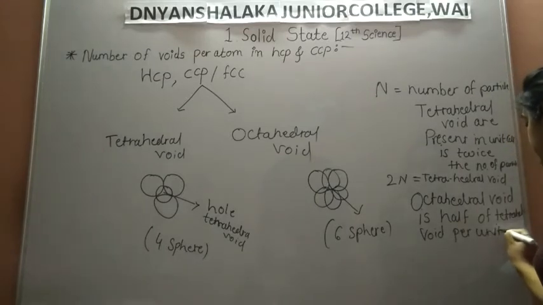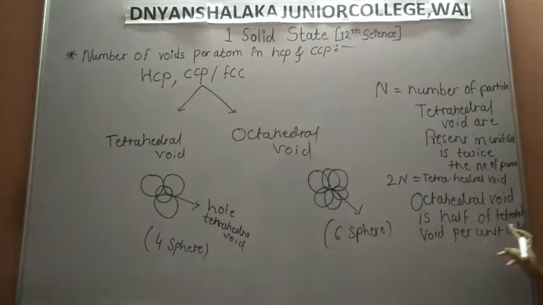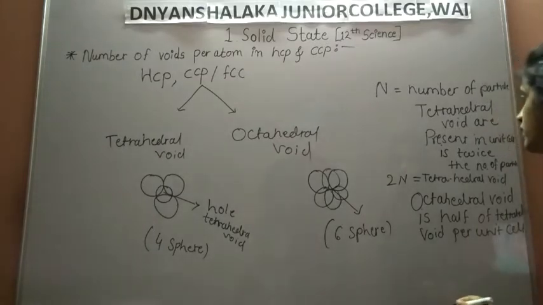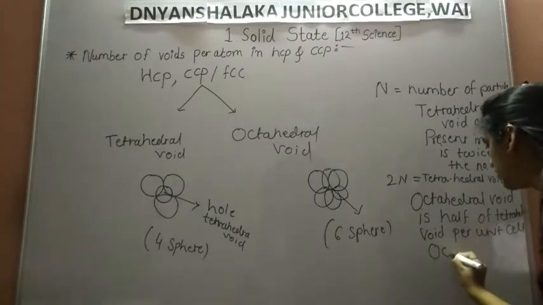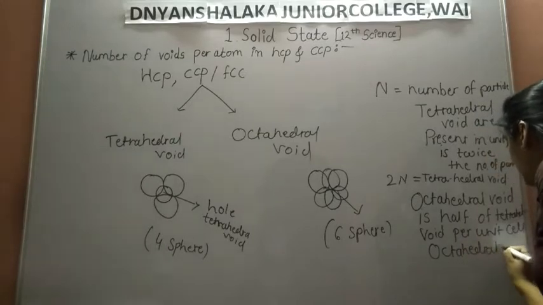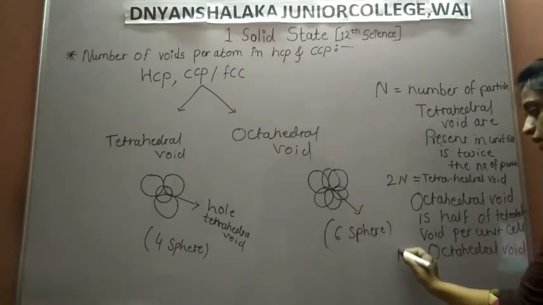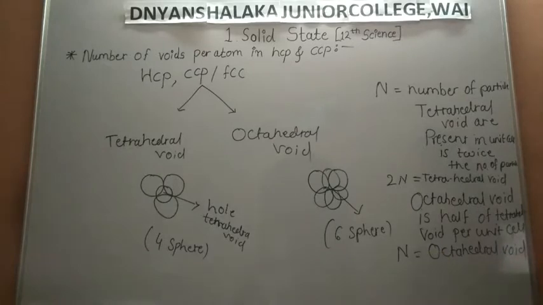Symbolically, octahedral void is half of the tetrahedral void, so we consider it as N.